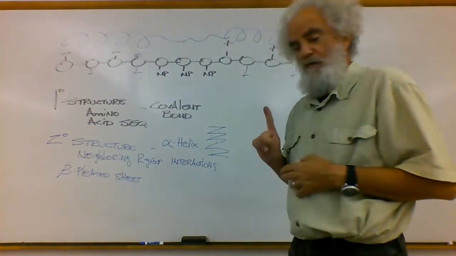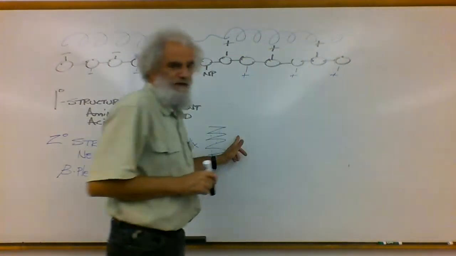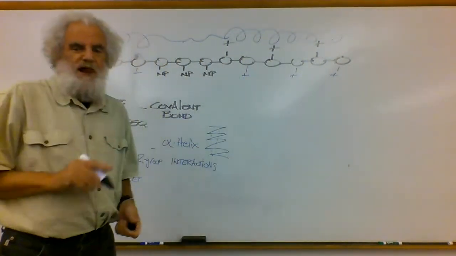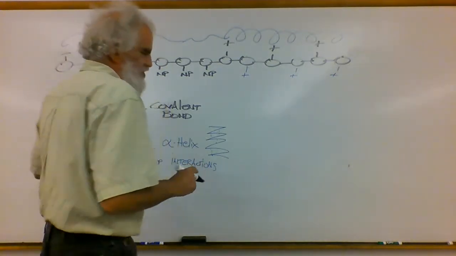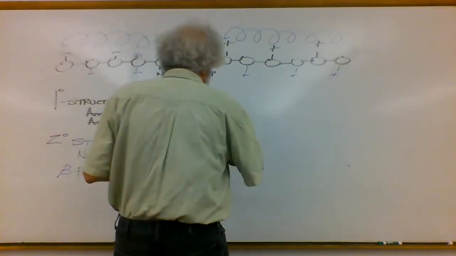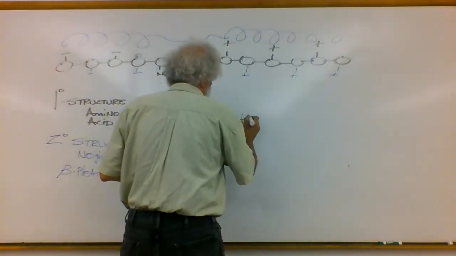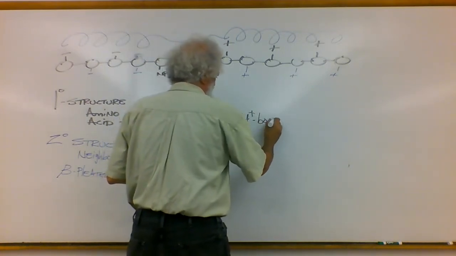Now, an important thing for our purposes is what are the bonds that are involved in this, and we can list them like this. The bonds that are involved in secondary structure are typically not covalent. They're going to be things like hydrogen bonds, which are weak guys.